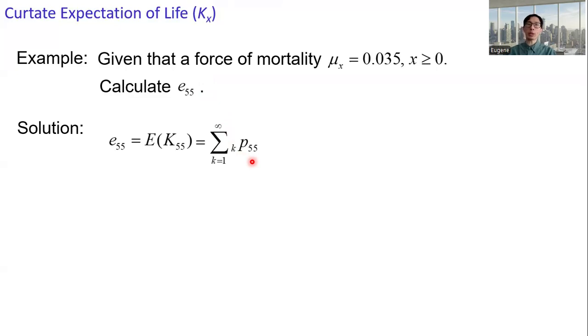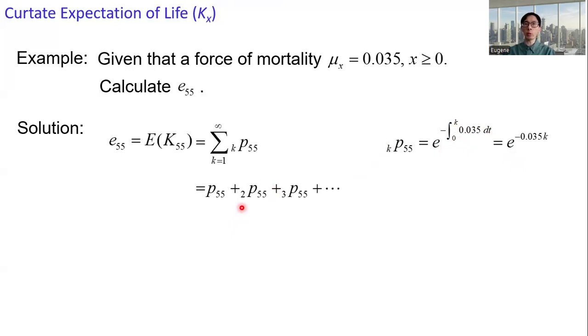So we need an expression for kp55, which is e to the power negative the integral of the force of mortality 0.035 dt from 0 to k, which is e to the power negative 0.035k.